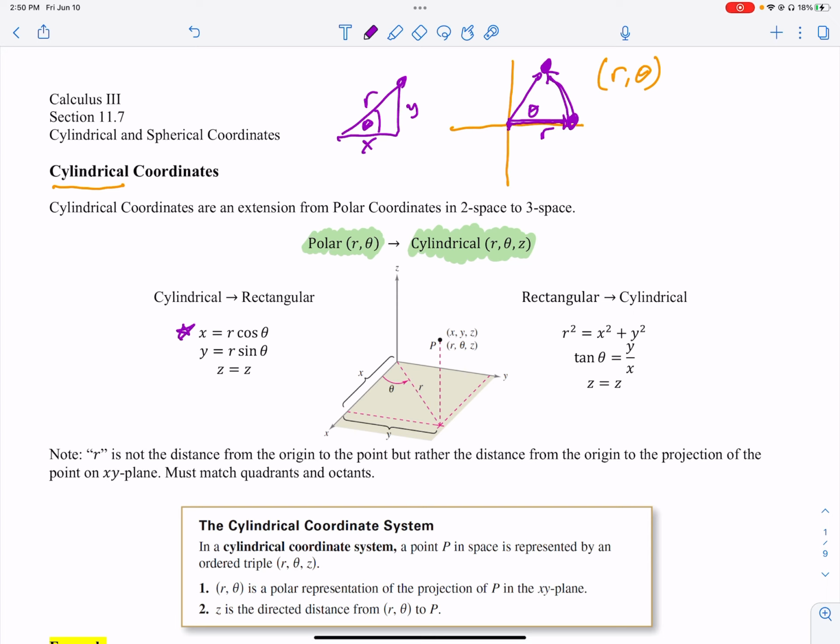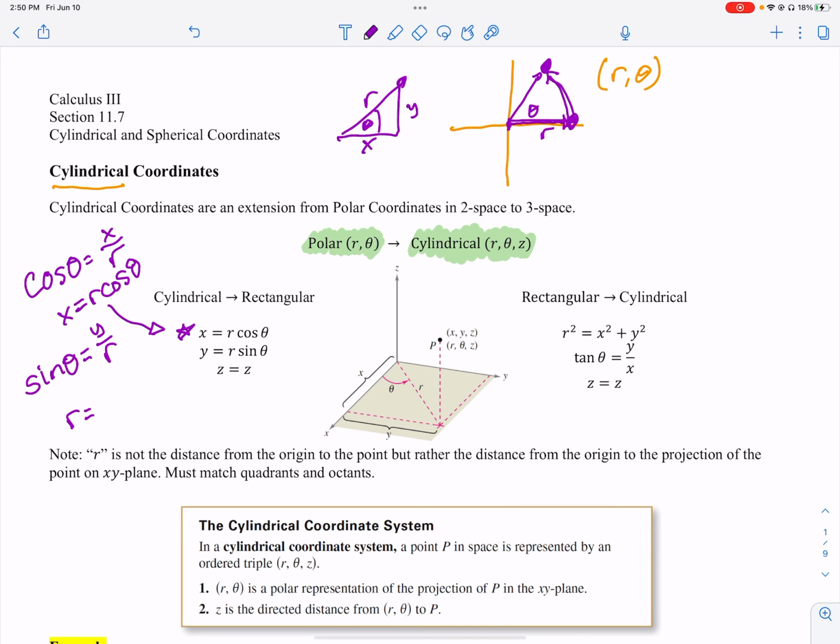Think about taking cosine of theta. Cosine is adjacent, so that's x over r. If I multiply both sides by r, I get x equals r cosine theta, which is that first equation. The other way would be to use that same triangle and do sine theta equals opposite over hypotenuse.